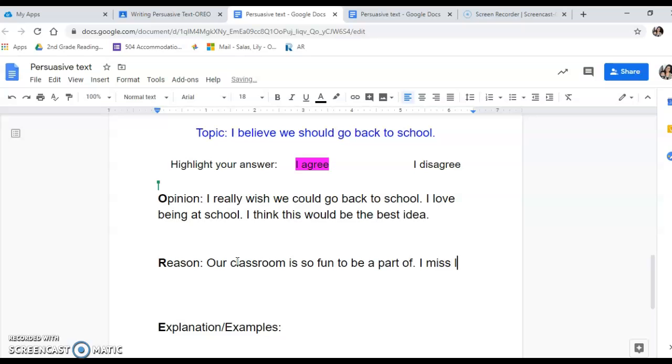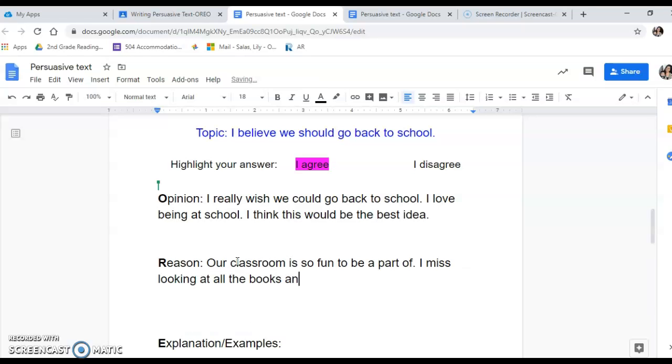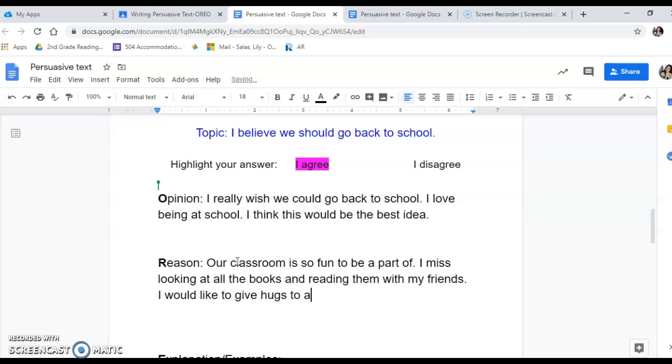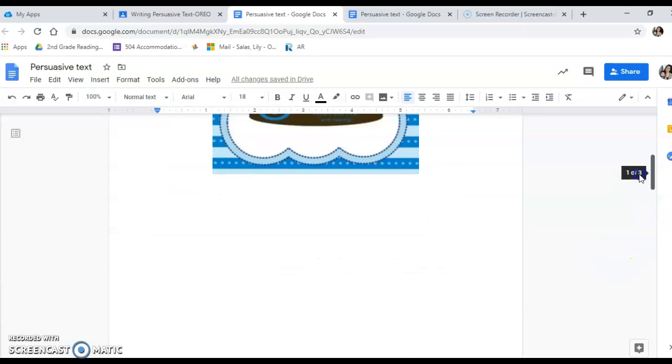I miss looking at all the books and reading them with my friends. I would like to give hugs to all my students. Okay, so there's a couple of my reasons. Of course, I have many, many more for wanting to go back to school.